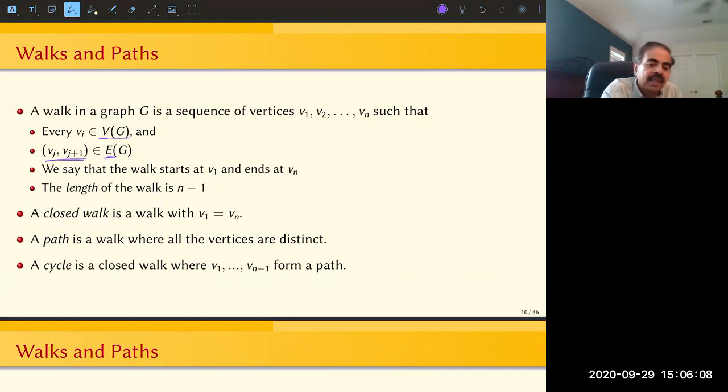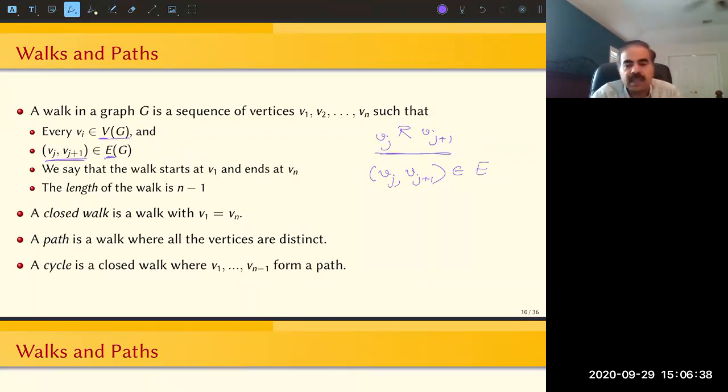So if you say Vj is related to Vj plus 1, then we would say the same thing by saying that the pair Vj comma Vj plus 1 is included in the set of edges, right? So we just draw an arrow between the two vertices that are related, right? So a graph is simply an alternative way of representing a relation, okay? A directed graph specifically is a way of representing a relation.